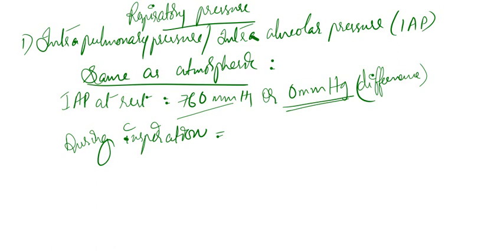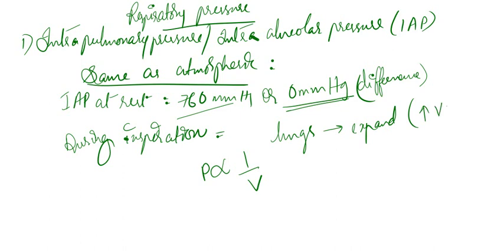Why a decrease of pressure? Listen carefully. According to Boyle's law, pressure is inversely proportional to volume. So if the lungs expand, there is an increase in volume, which implies that during inspiration pressure gets decreased.